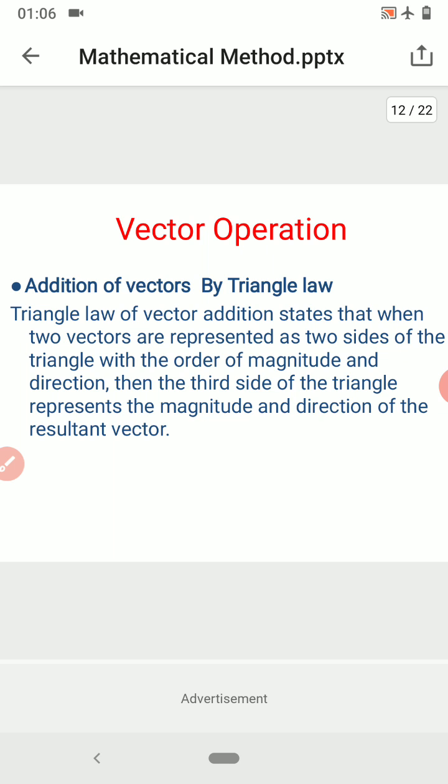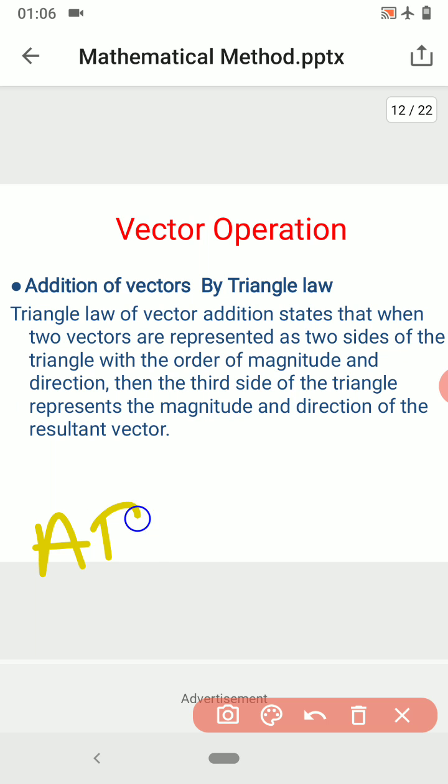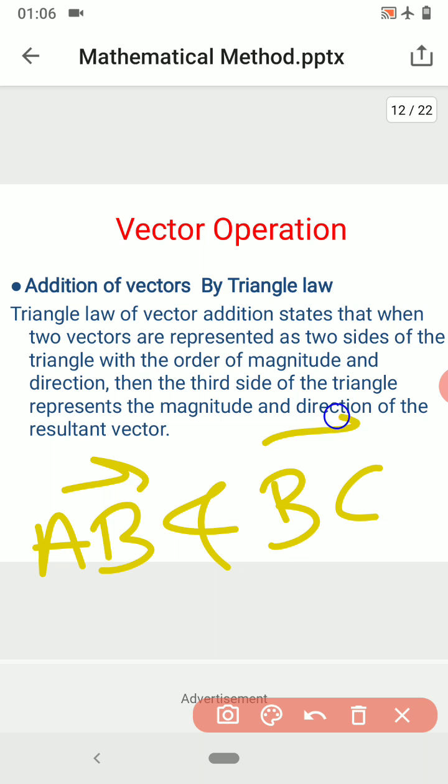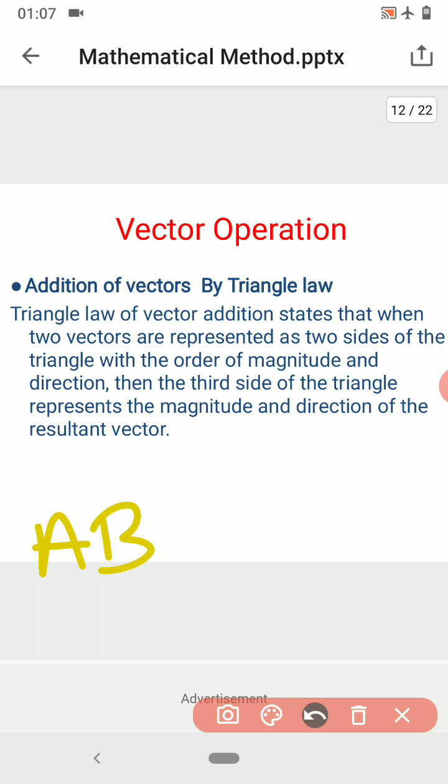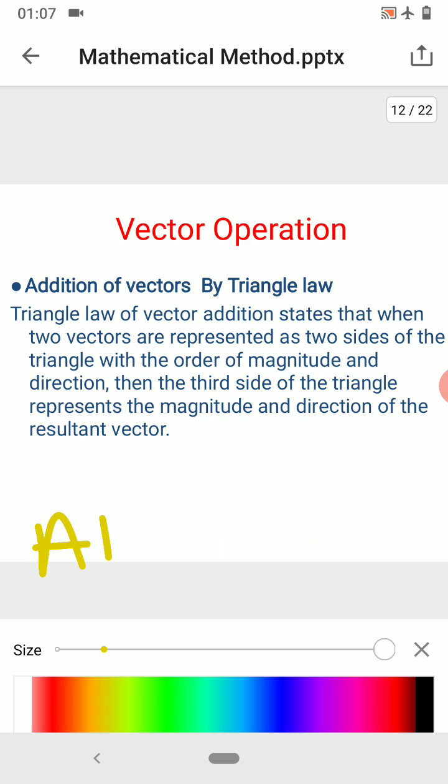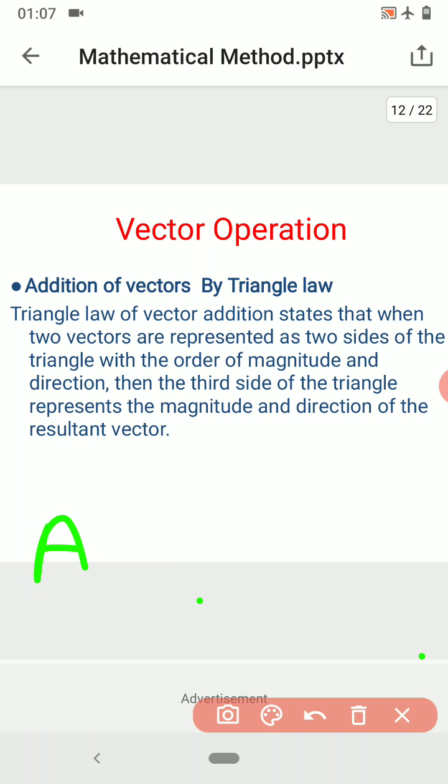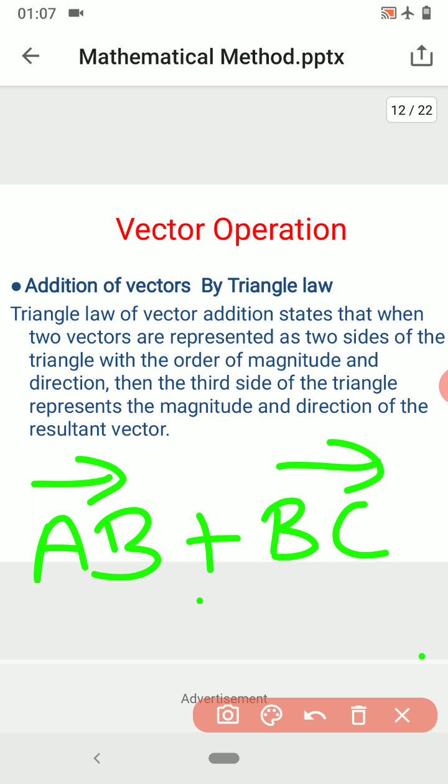See, if you have vector AB and vector BC, then vector AB plus vector BC is equal to vector AC.